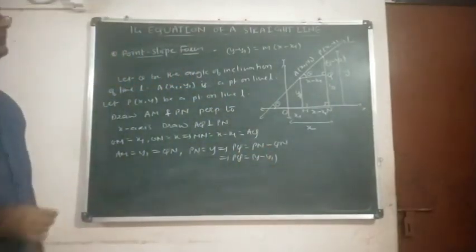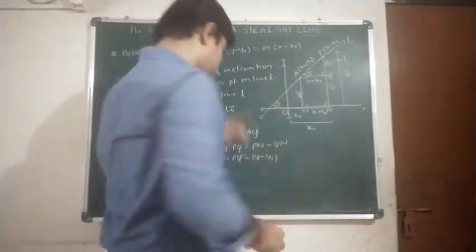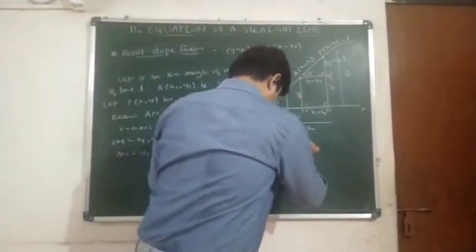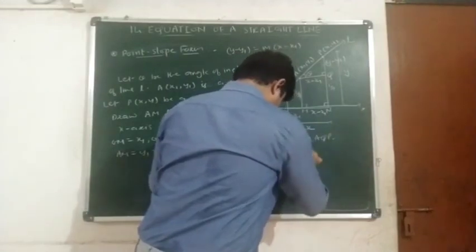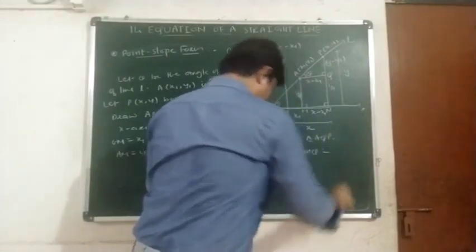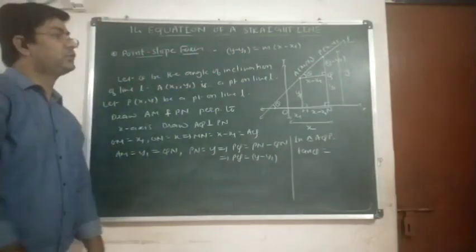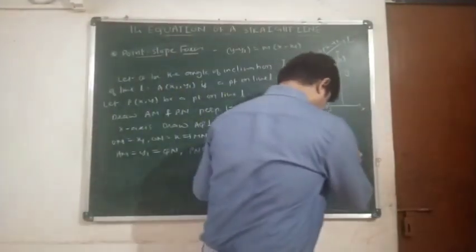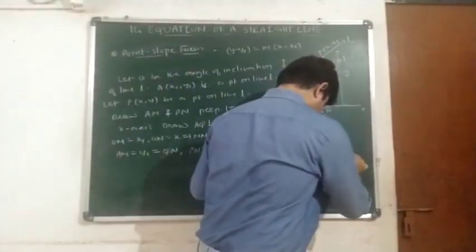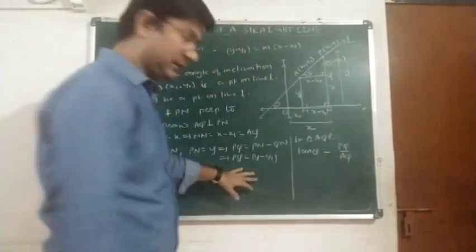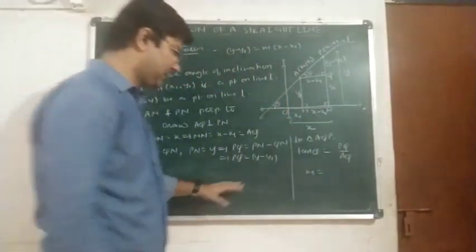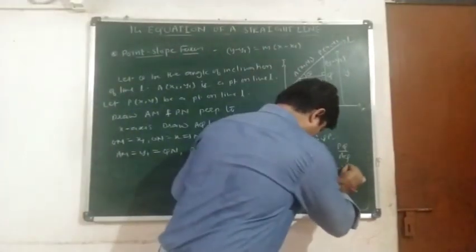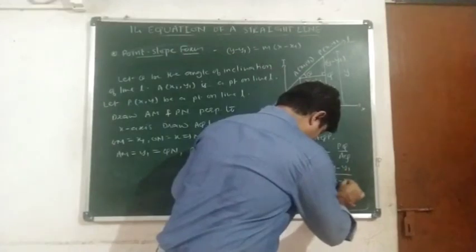Done. Okay, now we will take triangle AQP. So in triangle AQP we will put the formula of tan theta again. Tan theta is equal to PQ upon AQ. Now tan theta is the slope denoted by m, so m is equal to PQ, which is y minus y1, upon AQ, which is x minus x1.